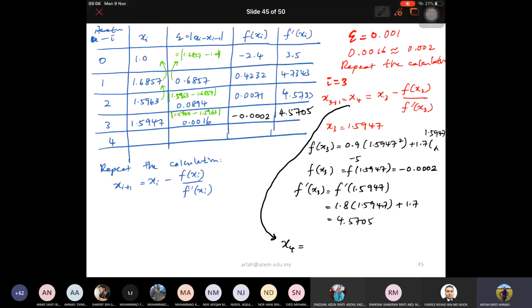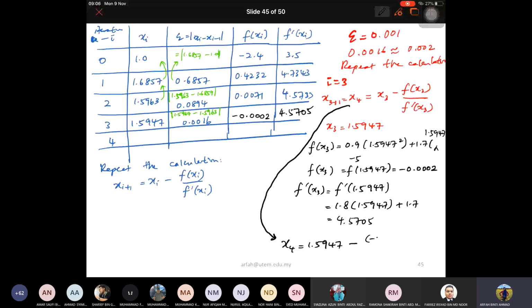So dapat X4 1.5947. So thank you siapa yang bagi jawapan tadi.